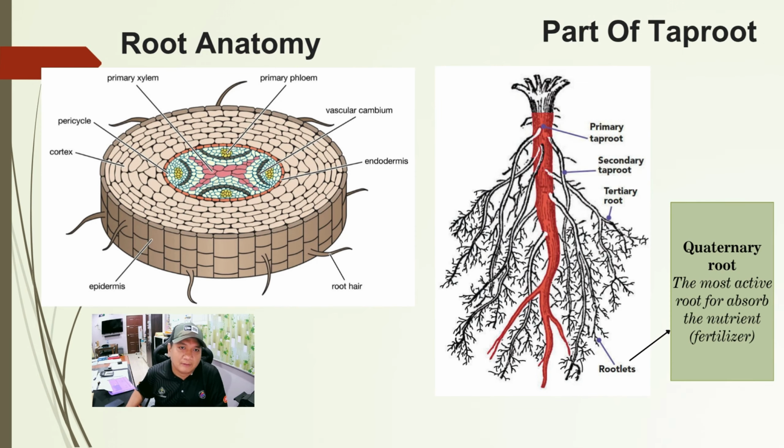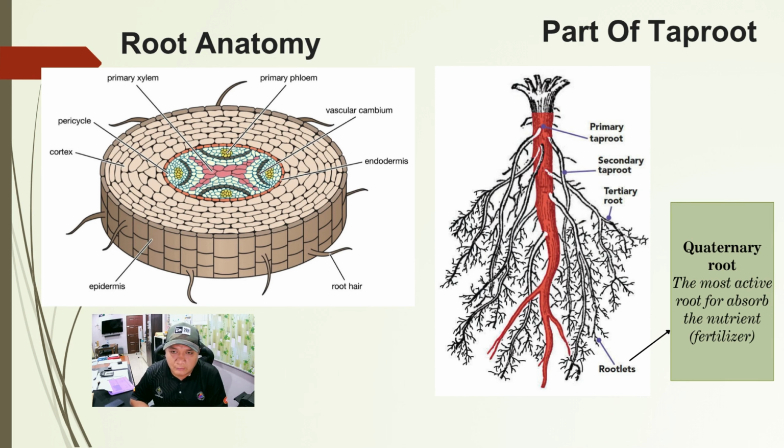Thank you. Okay, next, this is root anatomy. We have many root anatomy. Example is epidermis, root hair, endodermis, vascular cambium, and many more. So we also have part of taproot. We have primary root, secondary root, tertiary root, and quaternary root.